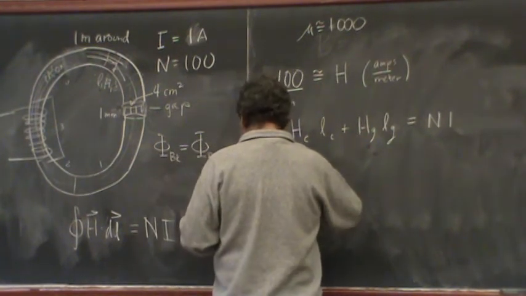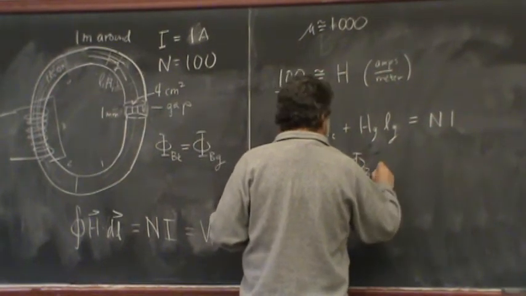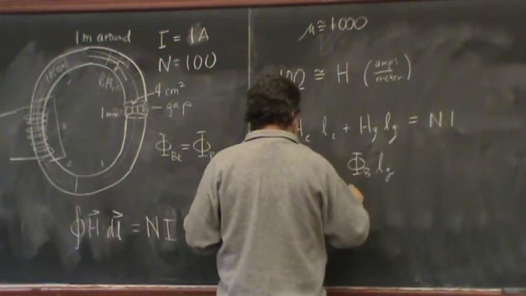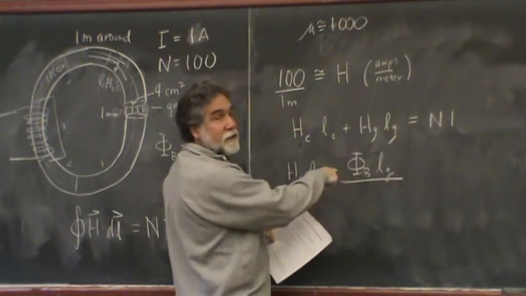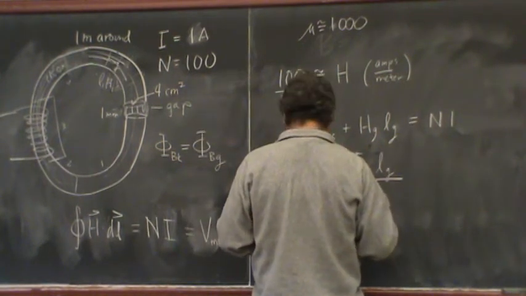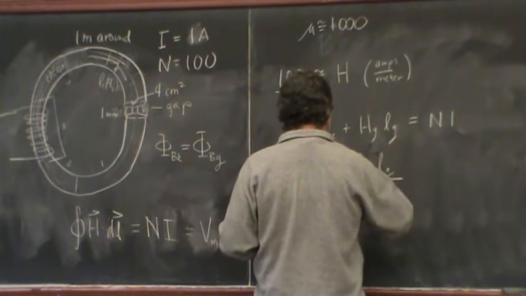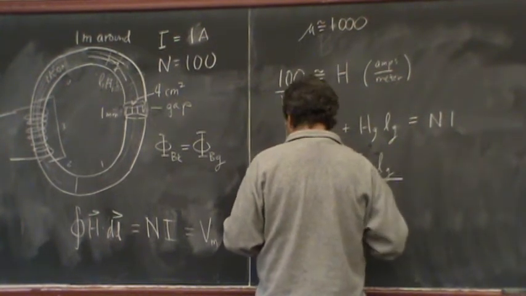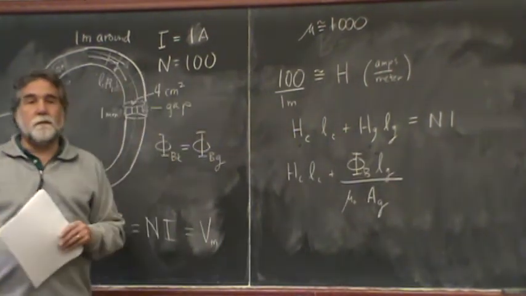H core, L core plus H gap, L gap. But now I have to make a correction here and put in, I want to go from H to B, I put in mu naught A gap.